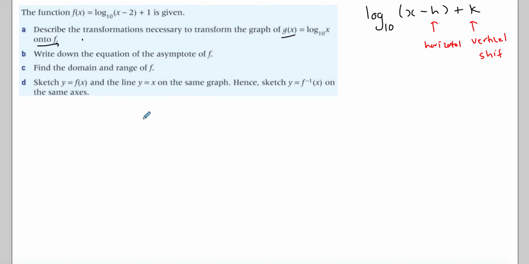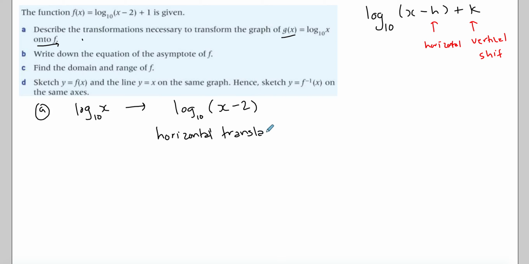So it means that if I want to answer part A, if I want to transform log of 10x onto this one, I first have to make a horizontal shift, or let's say translation, more precise wording, translation to the right by 2.